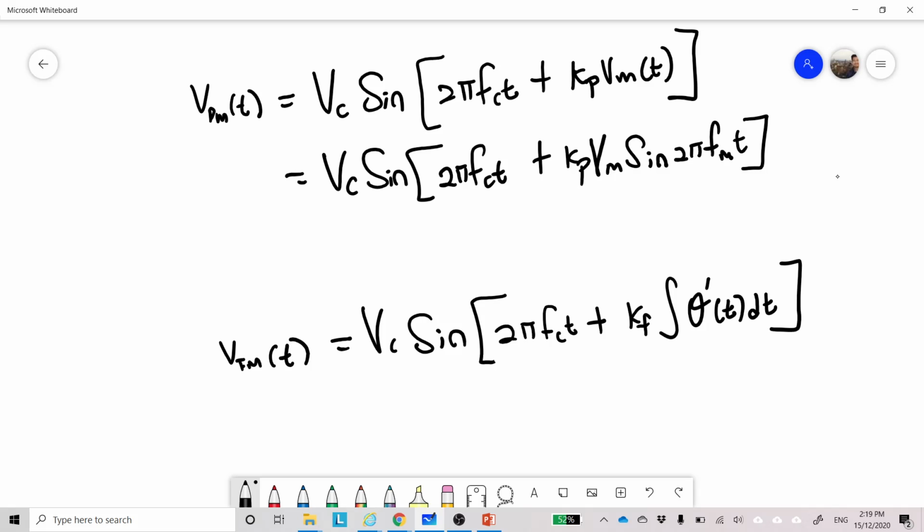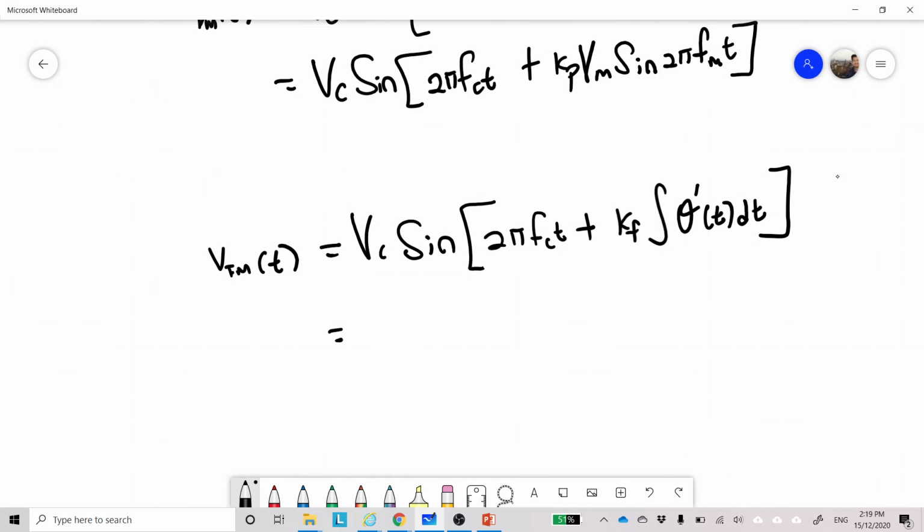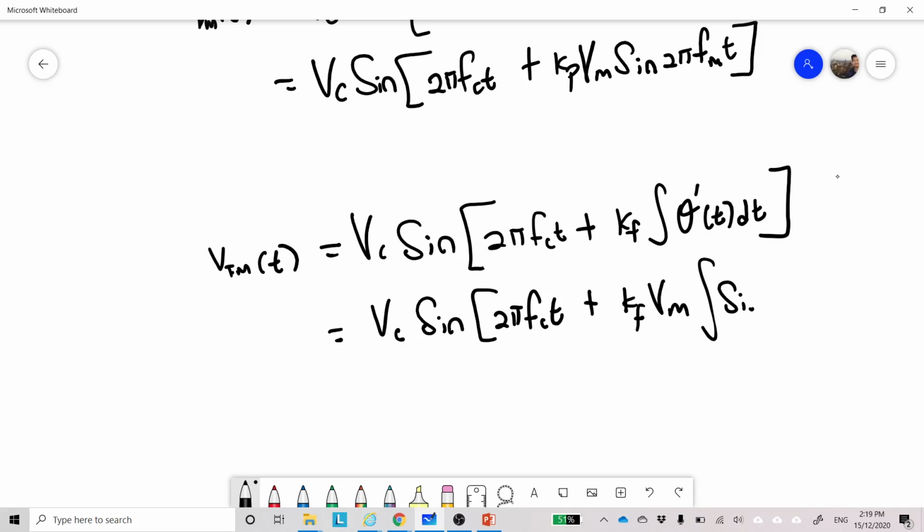Okay. Yang mana akhirnya kita akan dapat belum akhir sekejap VC sin 2 pi FCT plus KF VM kamiran sin 2 pi FMT dt.